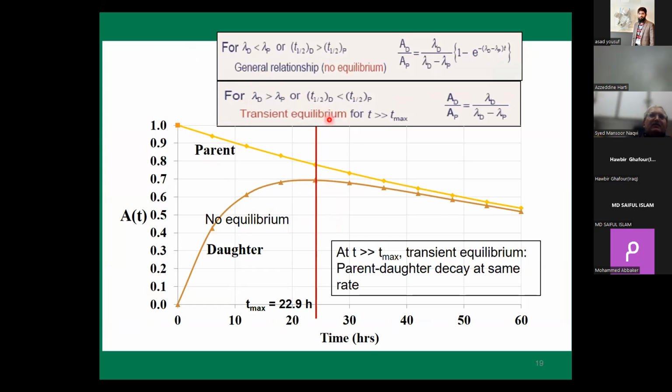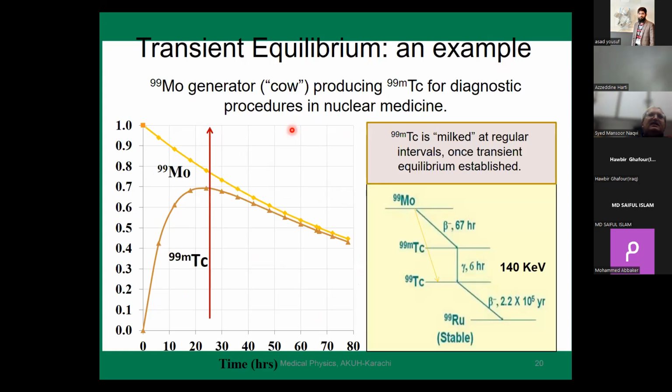Here is the example of the transient equilibrium, where you can see that the parent starts to decay and the daughter starts to build up over here. At a certain point of time, they become in transient equilibrium, and that is the time when we are capable of using it, and this is what we use in the workhorse of nuclear medicine, technetium-99m.